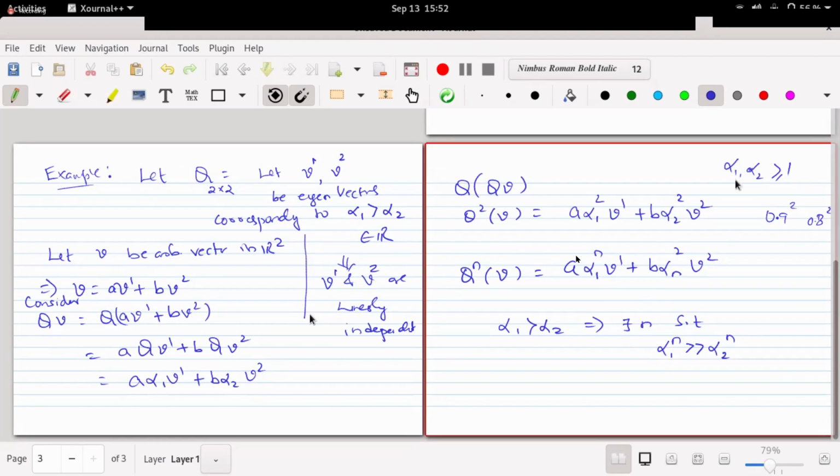Let us make a much more restrictive case. So what does this mean? After some time, in your computer, you will not have place to represent this number at all. Most of the number will be swallowed by this one.